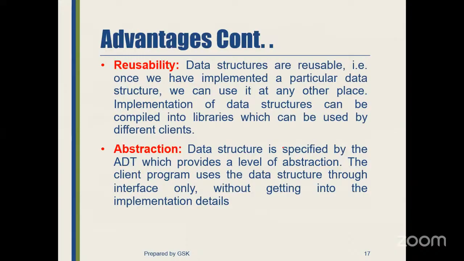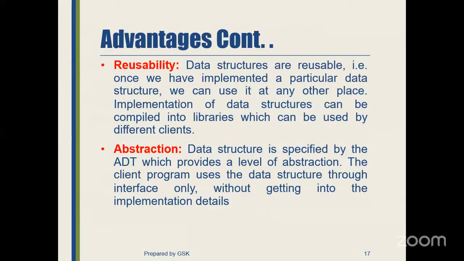Next advantage is abstraction. A data structure is specified by the ADT, abstract data types, which we'll cover later on, and which provides a level of abstraction. The client program uses the data structure through the interface only, without getting into the implementation details.